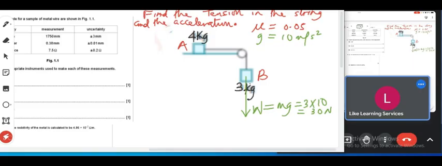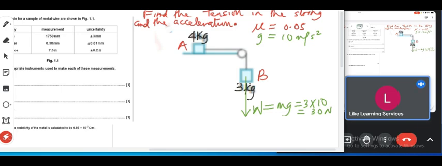Okay, so you hear words like smooth surface. You hear words like inextensible string. In other words, it doesn't stretch, so you don't have to apply Hooke's law to complicate the analysis. Most of the work you will get will be inextensible. It's not going to extend.